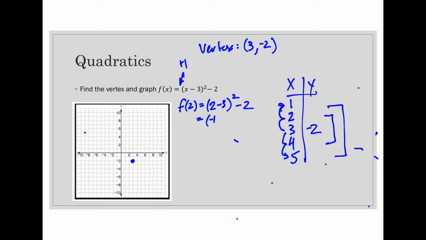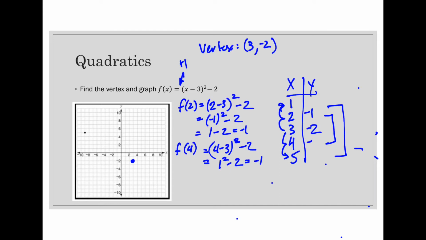That's -1 squared minus 2, which is 1 minus 2, which is -1. And let's see if we get the same thing with 4. So that's 4 minus 3 squared minus 2. So that's 1 squared minus 2, which is, again, -1.